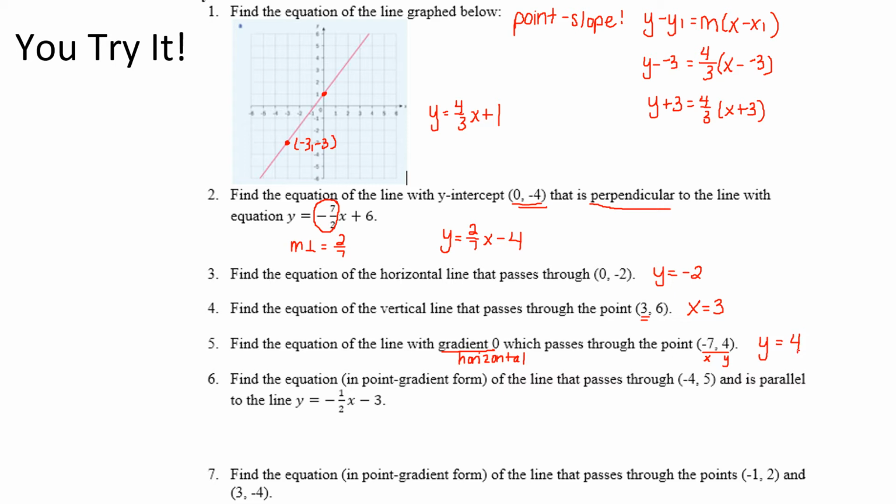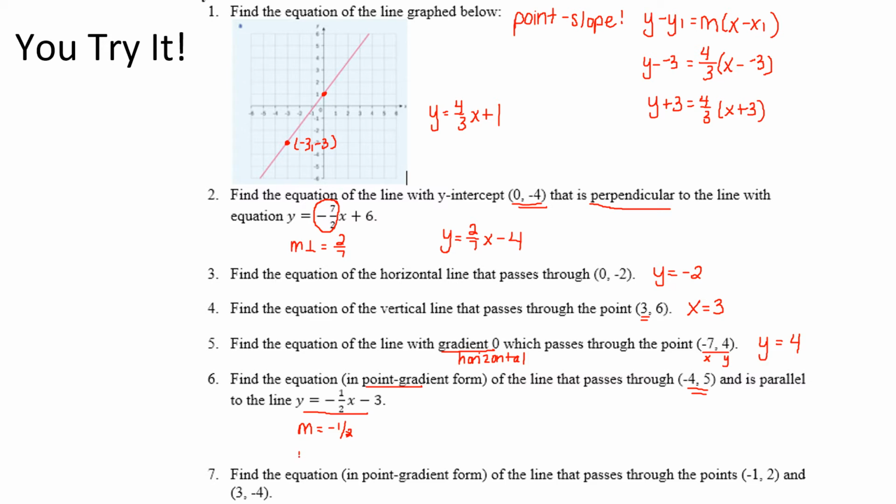For number 6, it says to find the equation in point gradient form. So we're going to be using that point slope, which is up on the top of the screen. They give me a point, and they tell me it's parallel to this line. Parallel means same slope, so we're going to use -1/2.